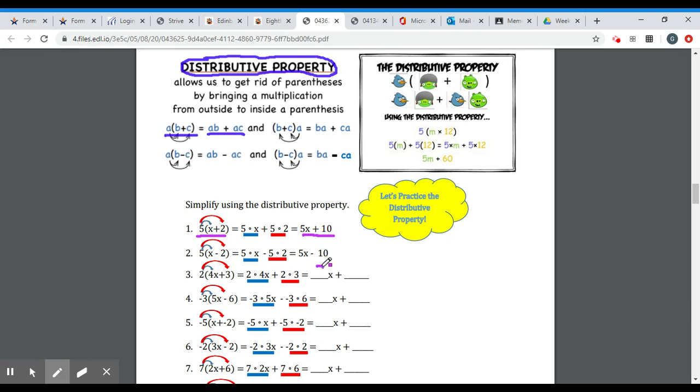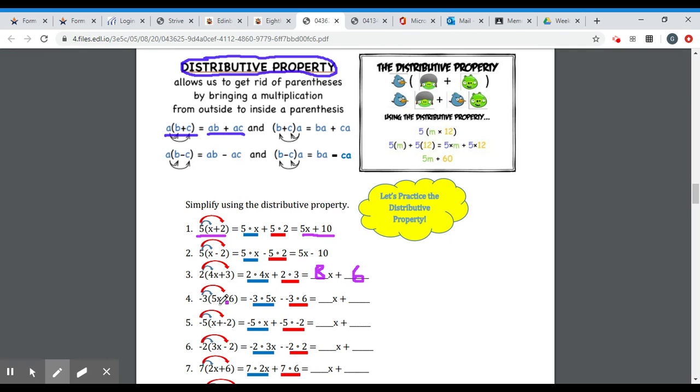So I'm going to write 8x, and then 2 times 3 is 6. So when I distribute, I'm going to have 8x plus 6. Again, I know that it's just taking practice. So just follow along and distribute it one by one, and you'll be fine. That's why we have this practice here for you.